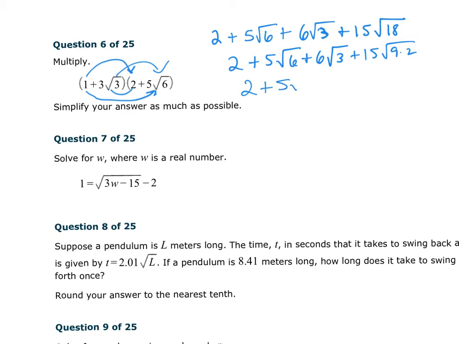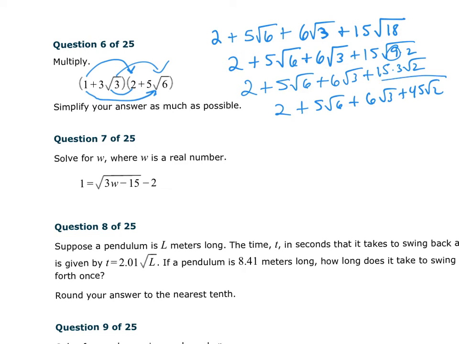So 2 plus 5 root 6 plus 6 root 3 plus 15 times 3. The square root of 9 is 3. That's brought out. Root 2. So we get 2 plus 5 root 6 plus 6 root 3 plus 45 root 2. And that's all we can do.